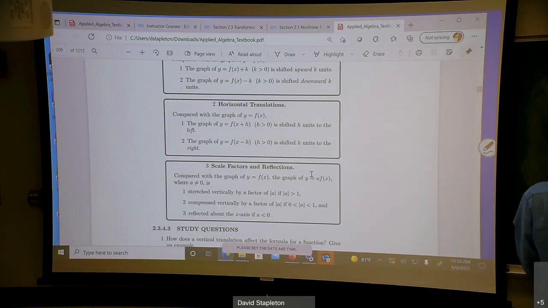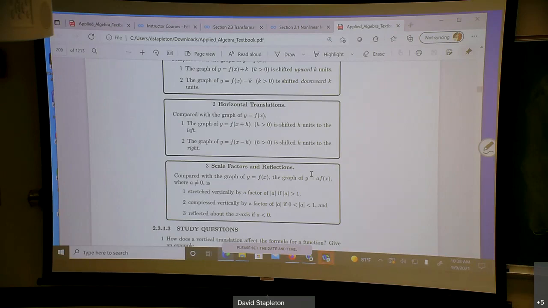So it's scaled by 1 over absolute value of a, and flipped, reflected, horizontally over the y-axis if a is negative.